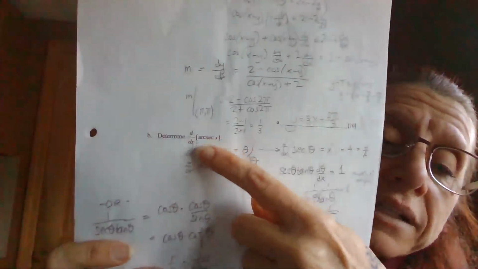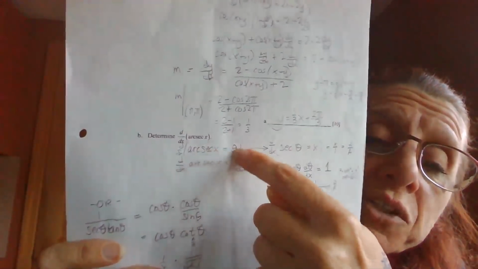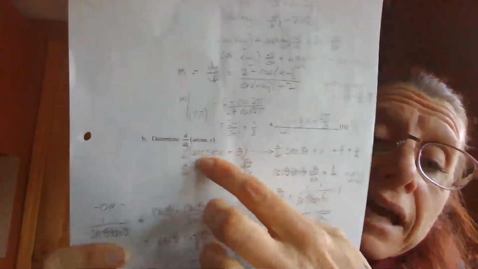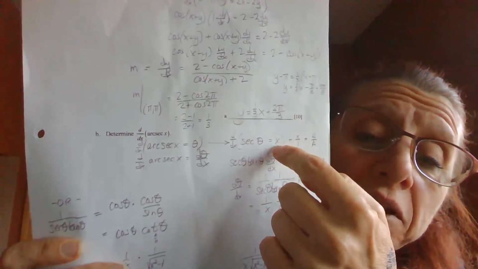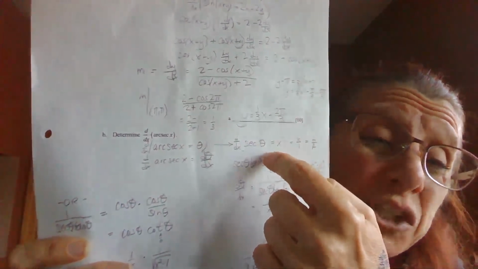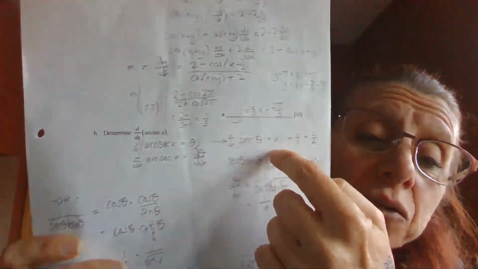I know that the result of arc secant will be an angle. I called it theta, and I did that on purpose. I wanted to create an equation so I could go back to something familiar and easier to take the derivative of.